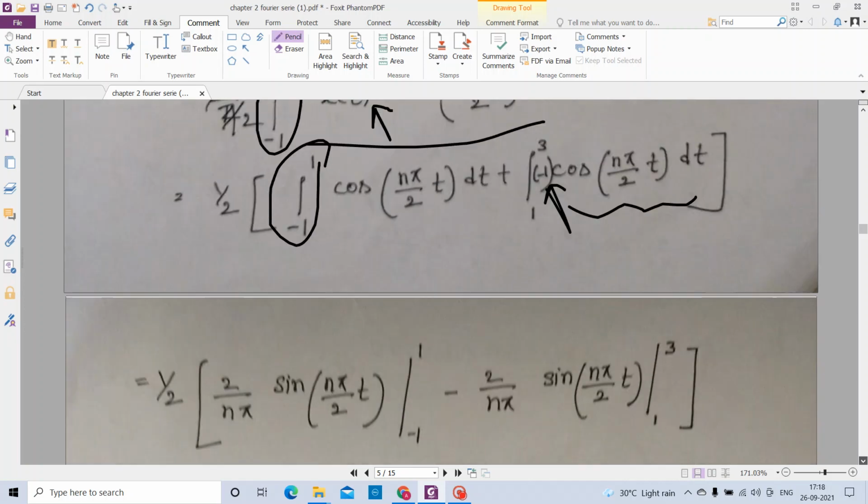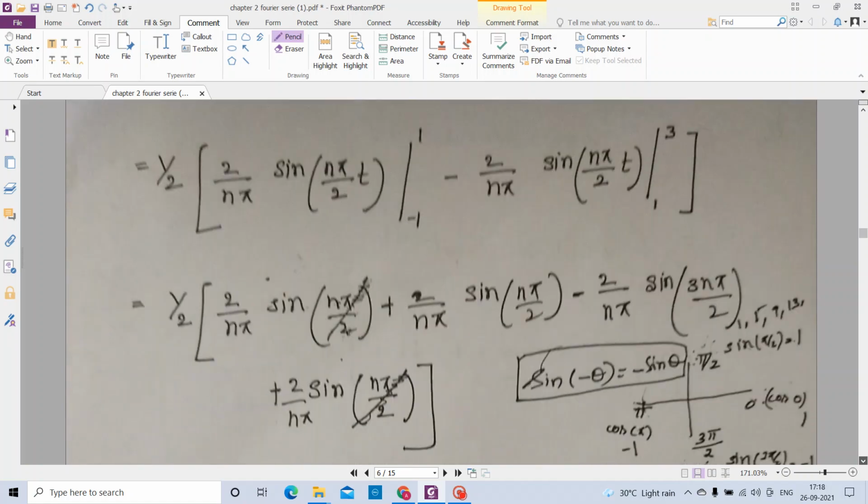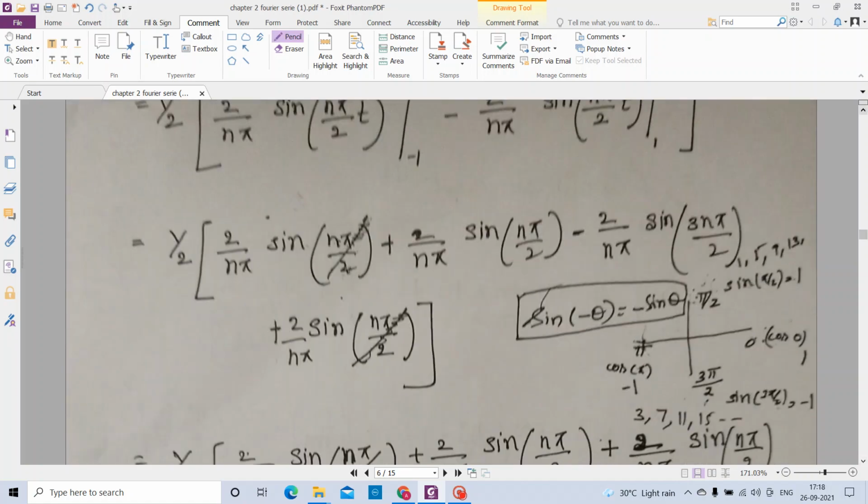Thereafter we just have to do the integration, right? Here I won't teach integration. I will tell you one simple point that is very, very important. This is not cancelled. Here the value of sine of 3 n pi by 2 is minus 1, right? So we can also write this as minus sine of n pi by 2.